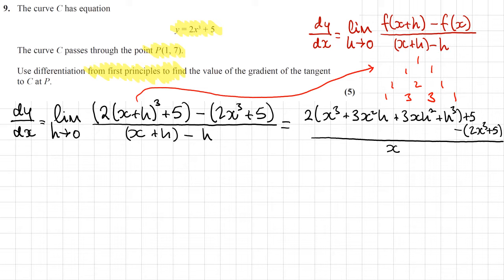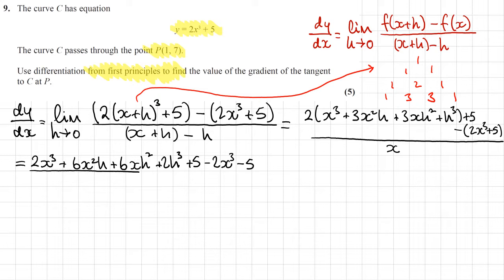I'll simplify that. So the top, what am I going to have? Let's expand these brackets here. So 2x cubed plus 6x squared h plus 6xh squared plus 2h cubed plus 5 minus 2x cubed minus 5 all over h.